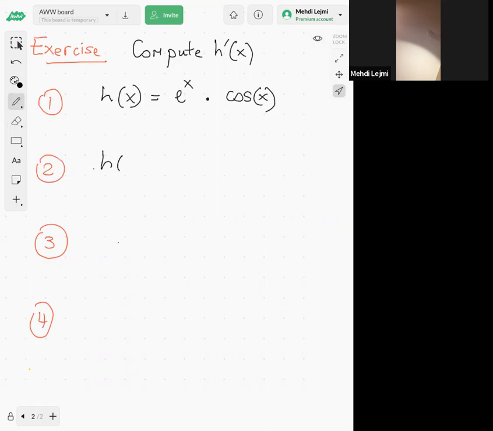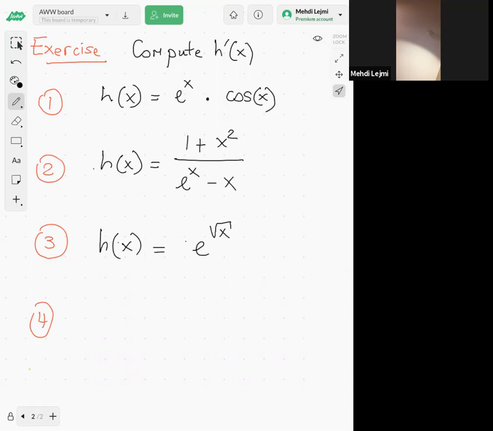Then let's say you have h of x equal to 1 plus x squared over e to the x minus x. Number 3, h of x is equal to e to the square root of x, right?